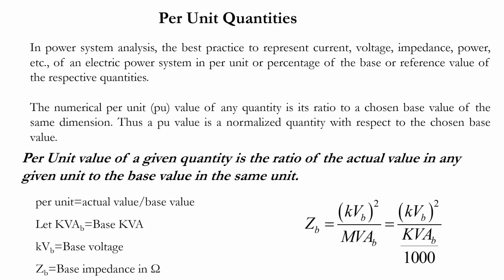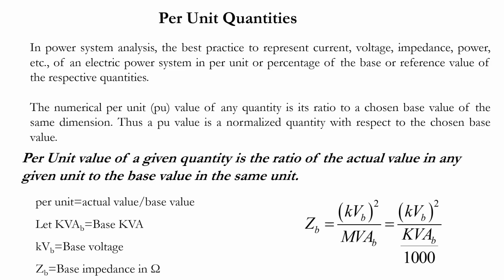Thus, a per unit value is a normalized quantity with respect to the chosen base value. So, the per unit value of a given quantity is a ratio of the actual value in any given system to the base value in the same unit. Simply, per unit is actual value divided by base value.